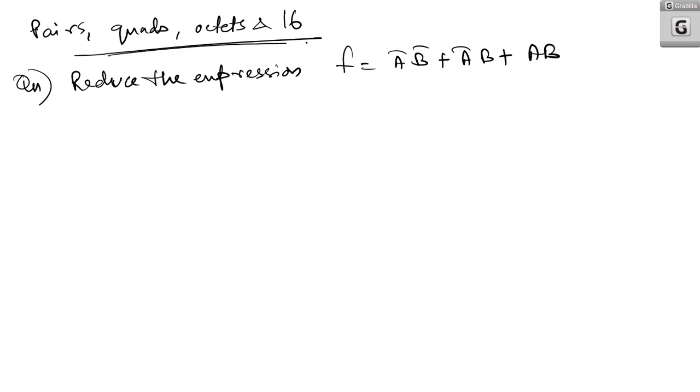So here you are going to use k-map for the reduction of the expression A bar B bar or A bar B or AB. First of all, it is basically having only two variables, and this is in sum of product form. So we can draw a two variable k-map.